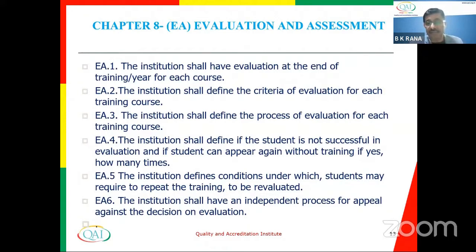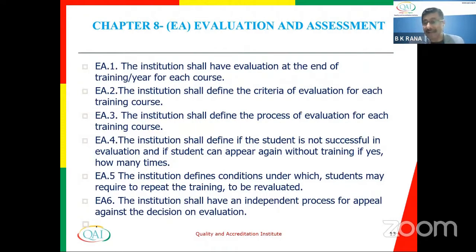The institution shall define what happens if a student is not successful in the evaluation, and whether a student can appear again without retraining. If yes, how many times? If anyone attends and is not successful, and you have criteria for declaring someone successful or not, it's okay if it is just participation. But if there is such a criteria, what process do you have in place for an unsuccessful case?